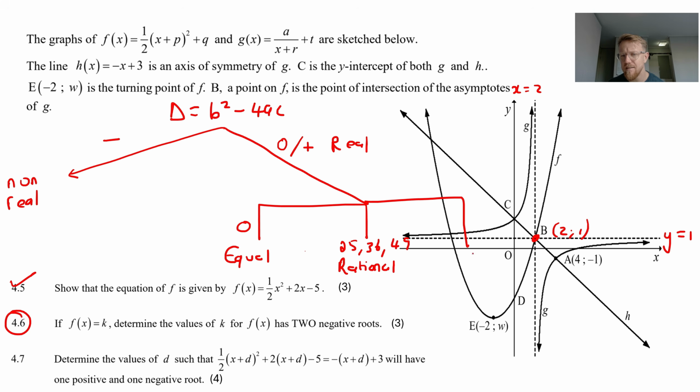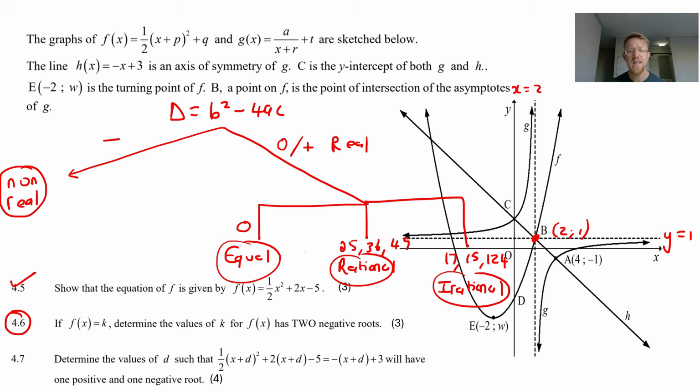And then if you get anything else, like 17, 15, 124, any number that is not a perfect square, then we call that irrational. So the only things that this b squared minus 4ac can ever tell you is whether the roots are non-real, equal, rational, or irrational. They can't tell you whether the roots are going to be positive or whether the roots are going to be negative.